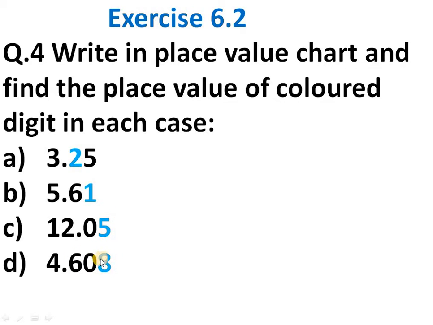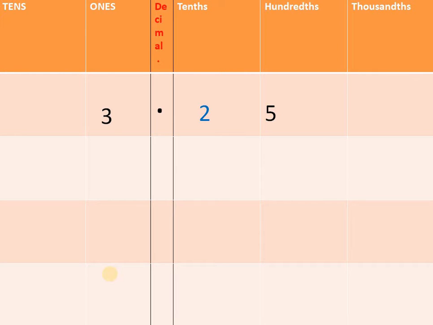What we have to do is find out the place value. And children, you are aware that whenever we find the place value, we must have a place value chart in front of us.